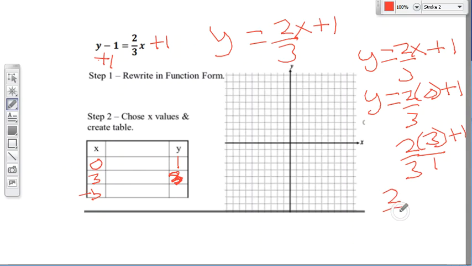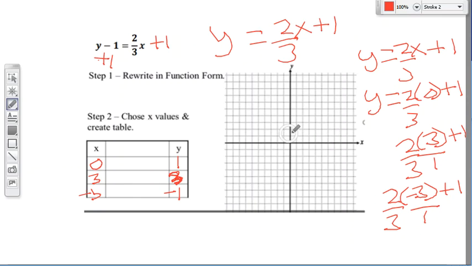The next one, 2/3 times -3 plus 1. 2 times -3 is -6. 3 times 1 is 3. -6 divided by 3 is -2. -2 plus 1 is -1. Now, once we have our 3 points, we can plot those on the coordinate plane, and that will give us a graph of our line.